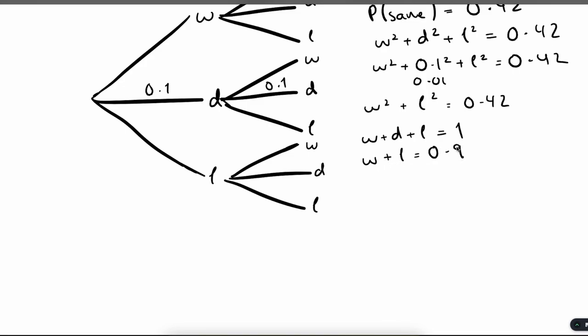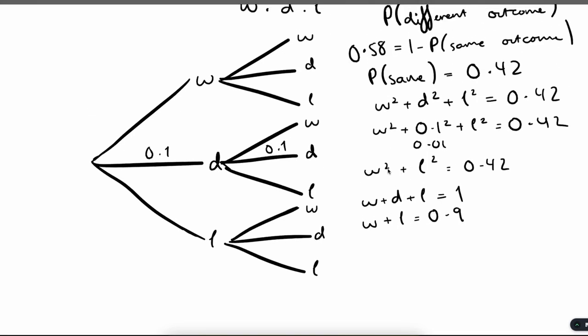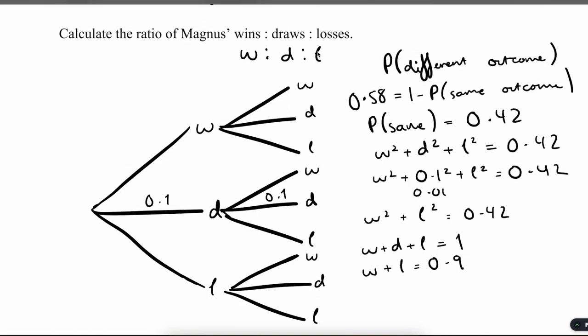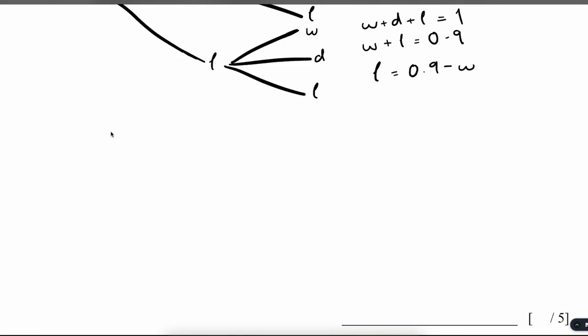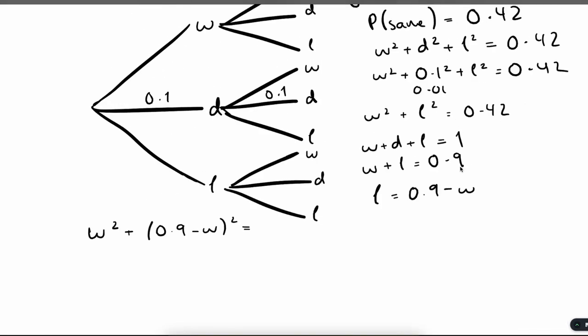Now we can use these 2 equations to work out the ratio of W to L. What we can do is replace the L with 0.9 minus W, and then put that into this equation up here. So we get W squared plus (0.9 minus W) squared equals 0.41. That's meant to be 0.41.